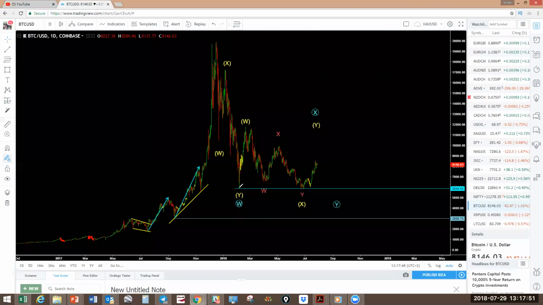I expected them to make this sideways structure, and I have been showing this structure for the longest time. Every single webinar, if you watch every webinar, I've been showing this three waves down, come and retest here and retest the 10,000 level. Okay, not just the 10,000, if you can even retest back to the 12,000 level.